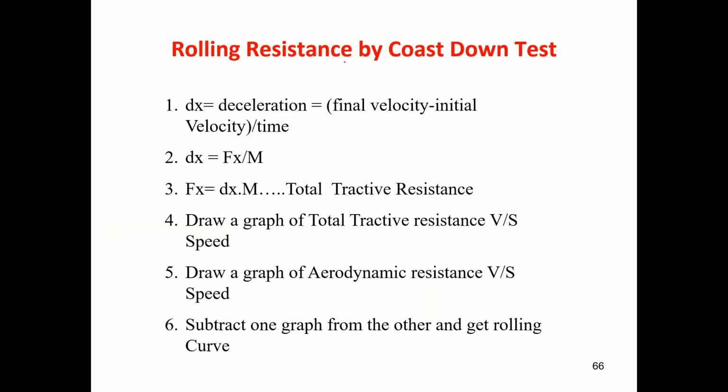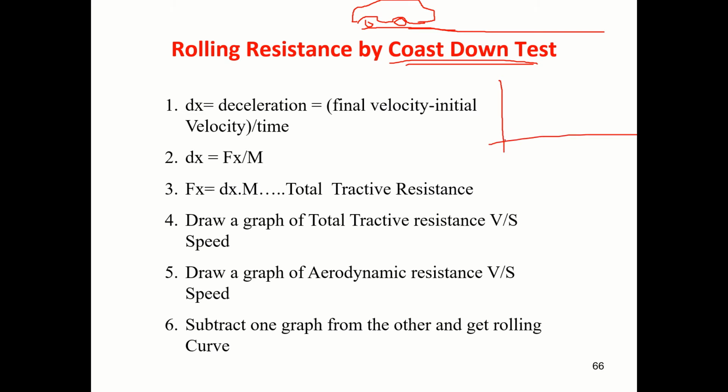Rolling resistance you can measure using coast down test. What is coast down test? You take a flat road, take your vehicle, right? Start your vehicle, reach a certain speed value like this.